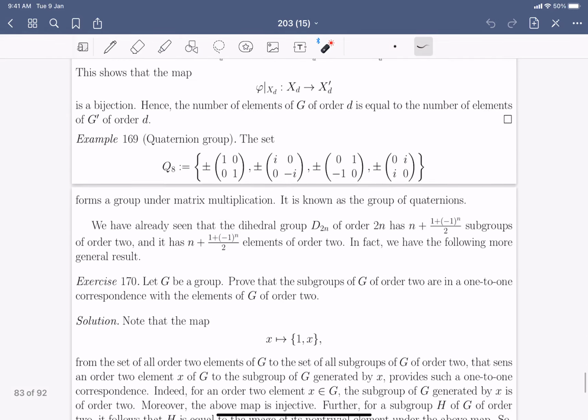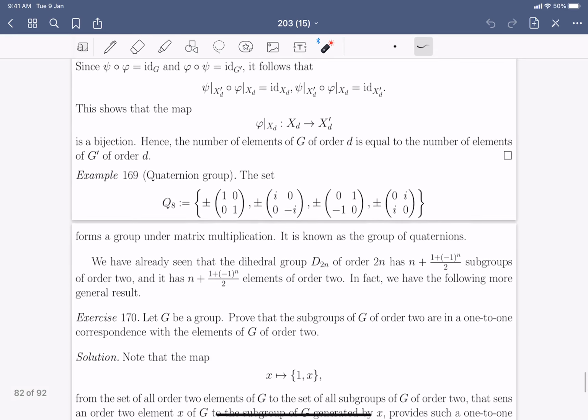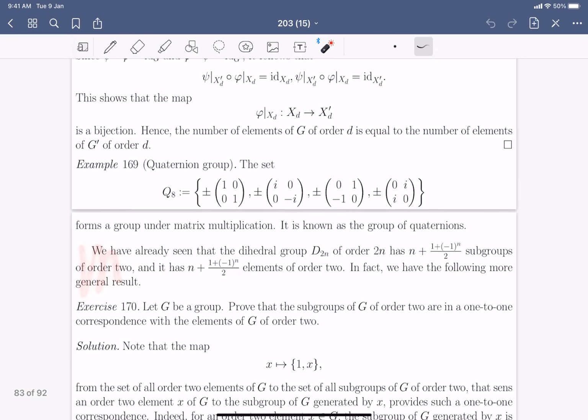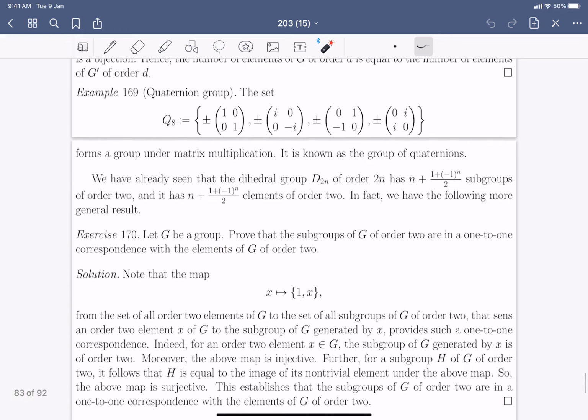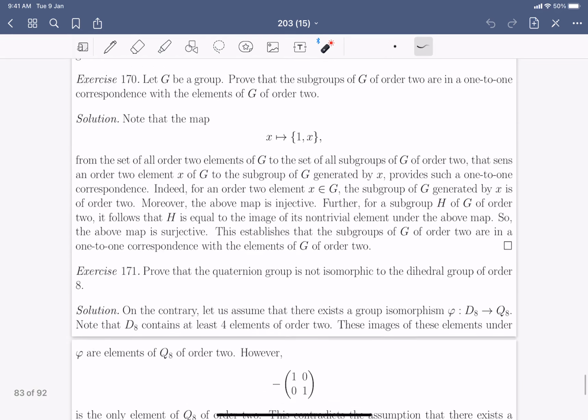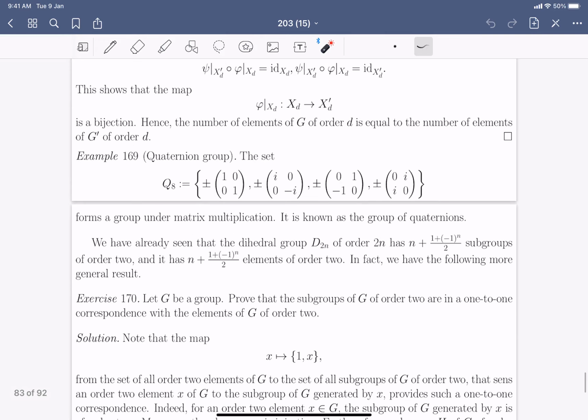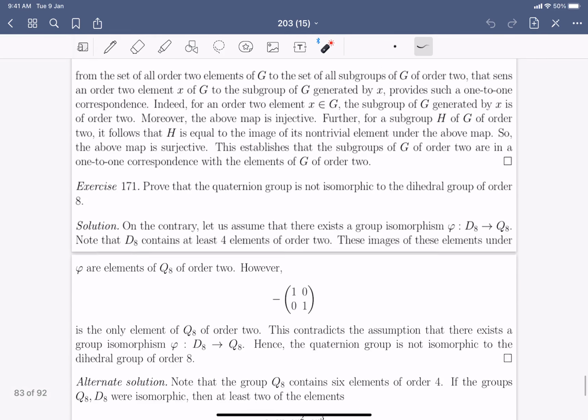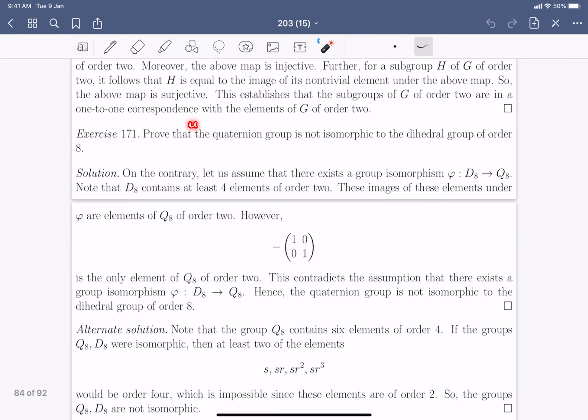And also, we have learned this dihedral group, and we have solved one exercise related to dihedral groups, and we tried to see that a more general statement holds in the context of any group. Okay, this was a more general result, more general than what we have already seen in the context of dihedral groups. And then we learned this notion of quaternion groups and saw that this is a new group.